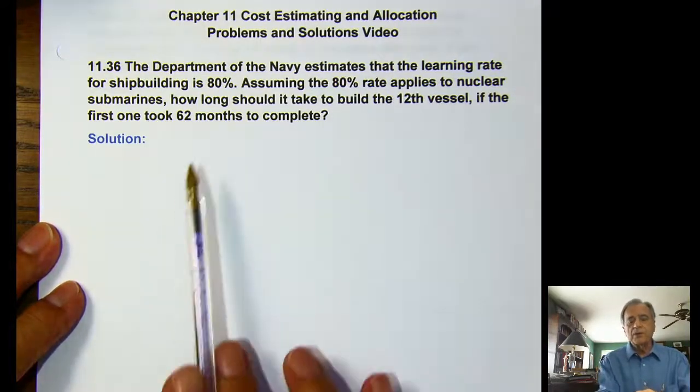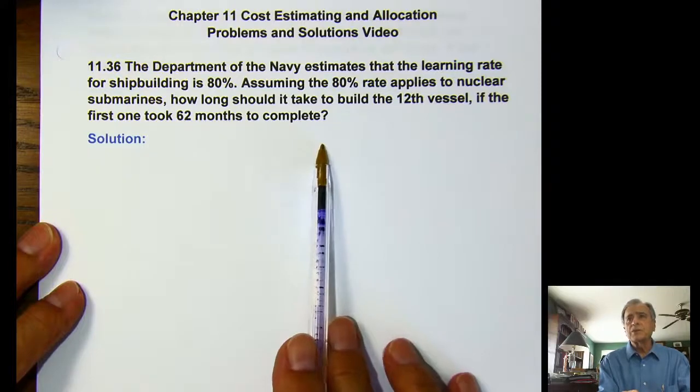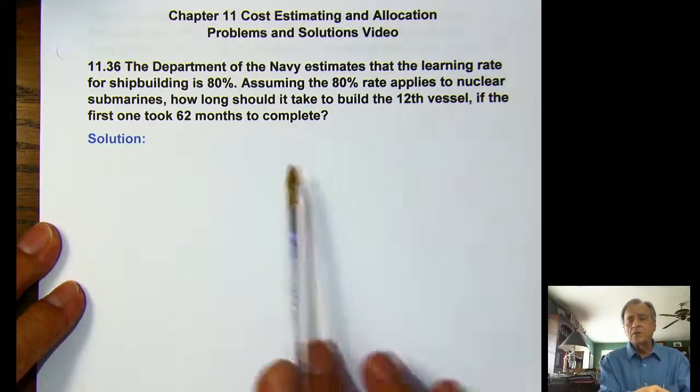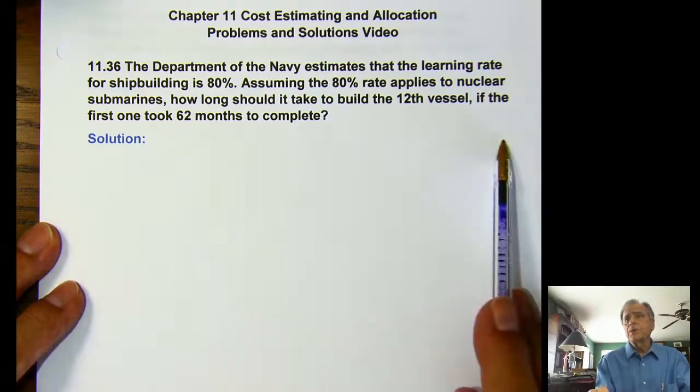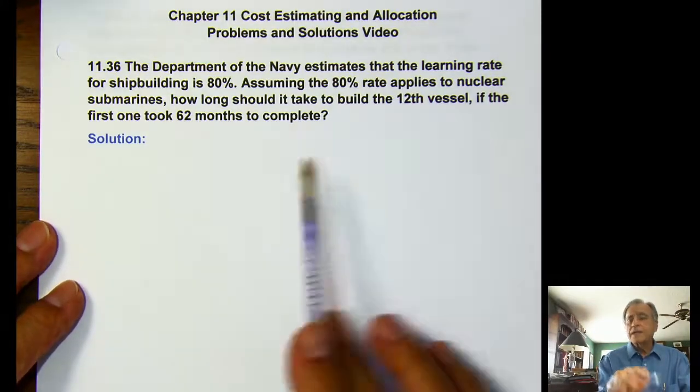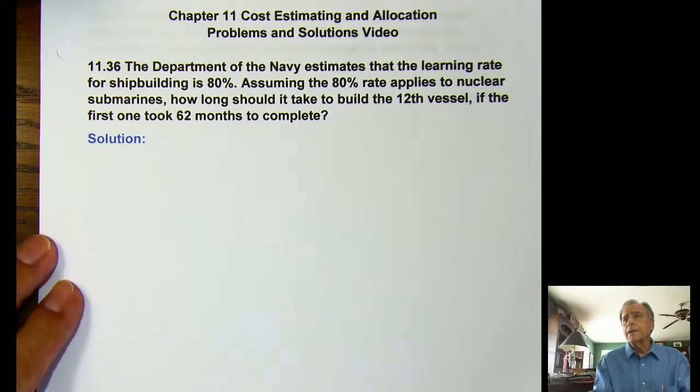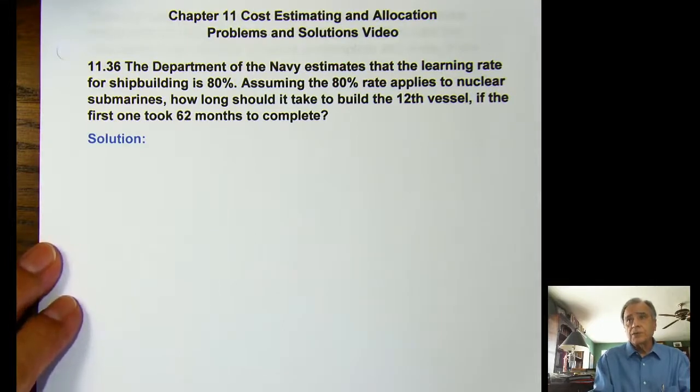So when you go from number 1 to number 2 takes 80% of what number 1 took. When you go from number 2 to number 4 takes 80% of what number 2 took, and so on.